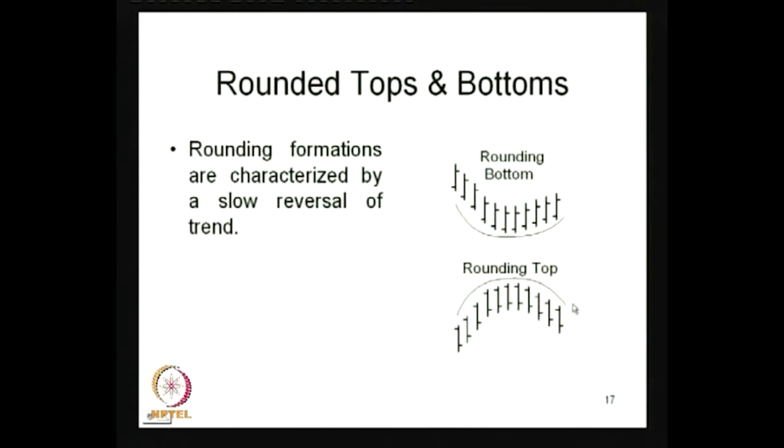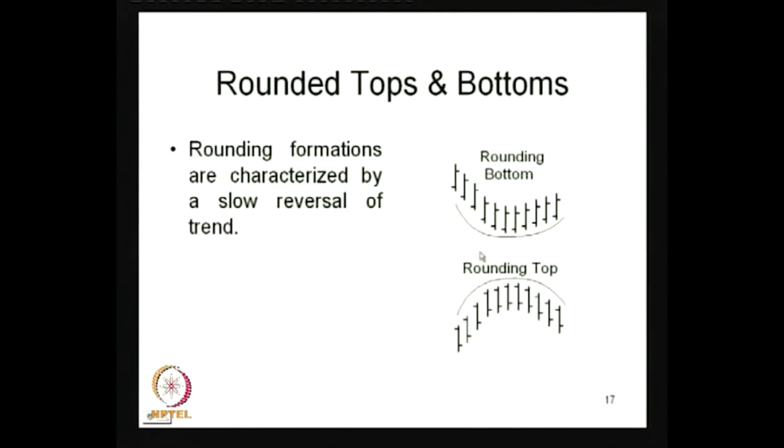So, in the rounding top concept, it is better to sell the stock at this moment. There is no need to wait and consider whether the stock should be bought in the near future. But with a rounding bottom, you can expect that the price will go up, at least slowly, after a certain period.